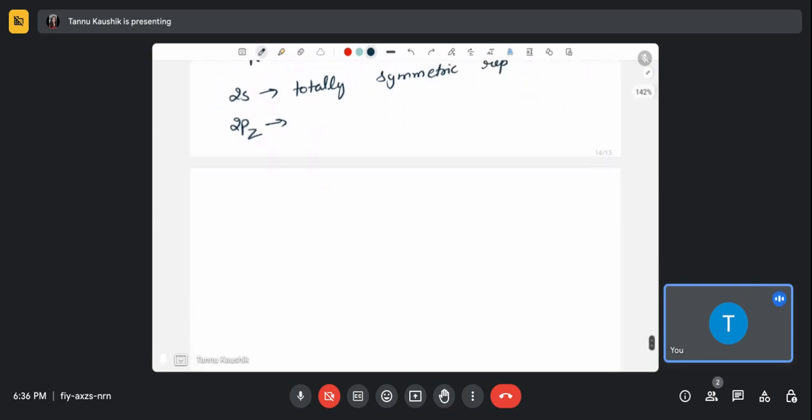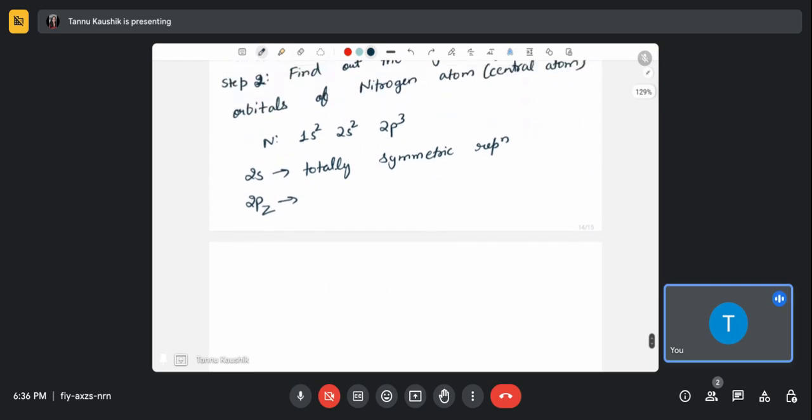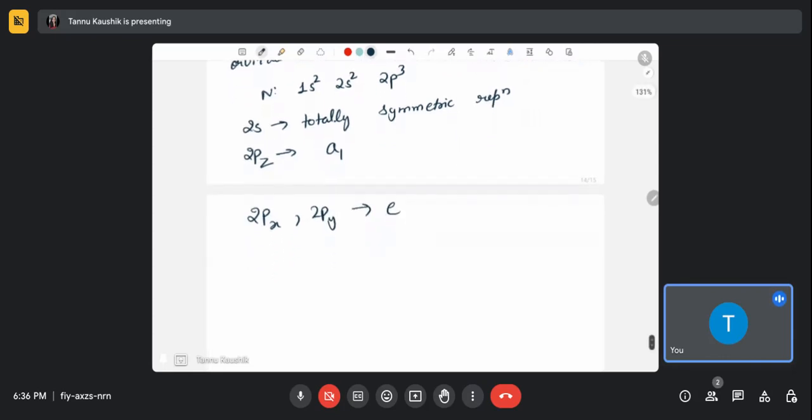So for the ammonia molecule, the z coordinate is associated with the A1 irreducible representation. So the 2pz orbital will have A1 symmetry, and 2px and 2py will have E symmetry. This you can check from the character table.